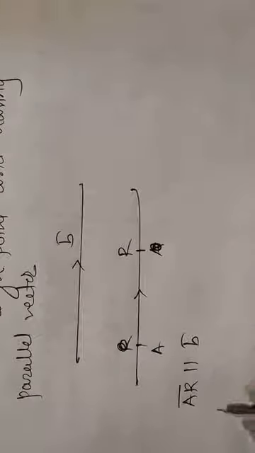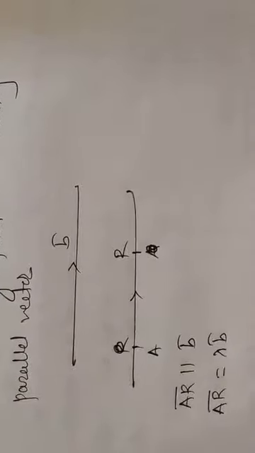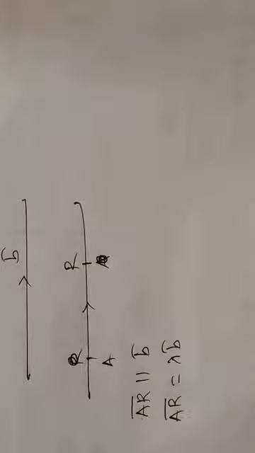When two vectors are parallel, one vector is written as a scalar multiple of the other. You learned this condition in a previous period.